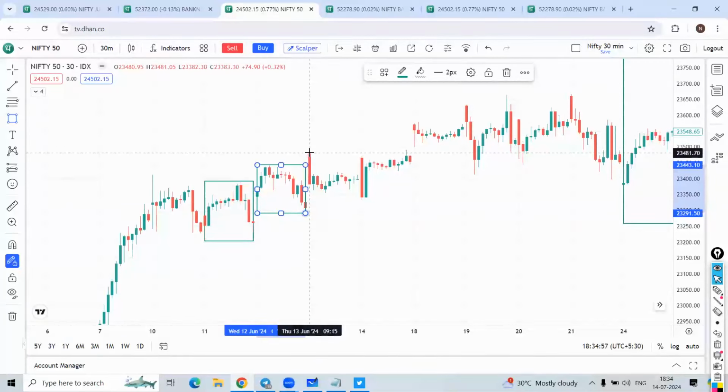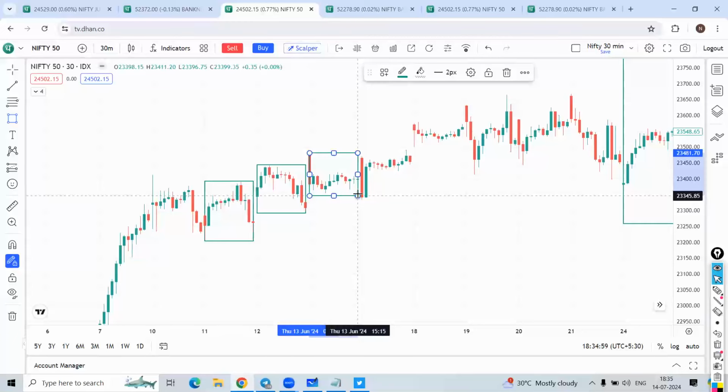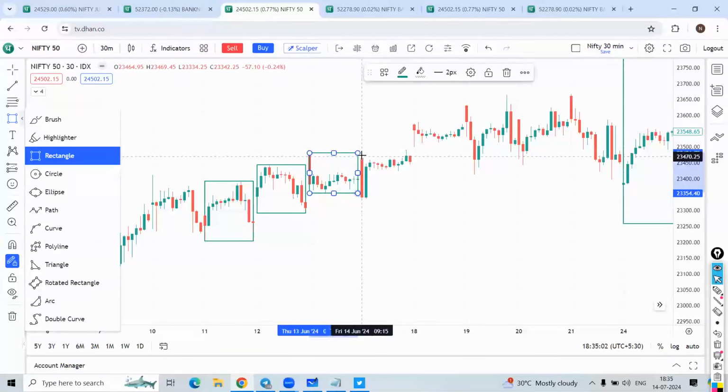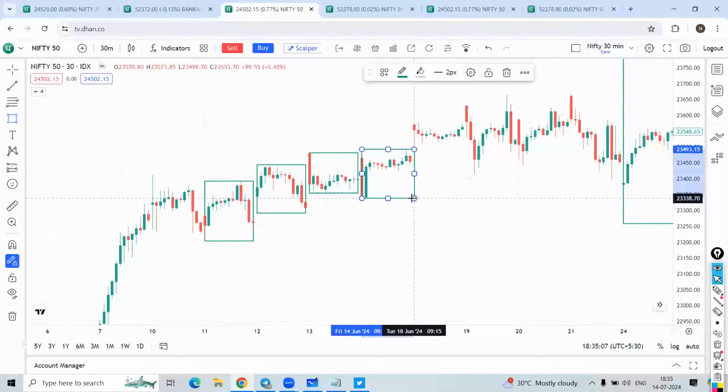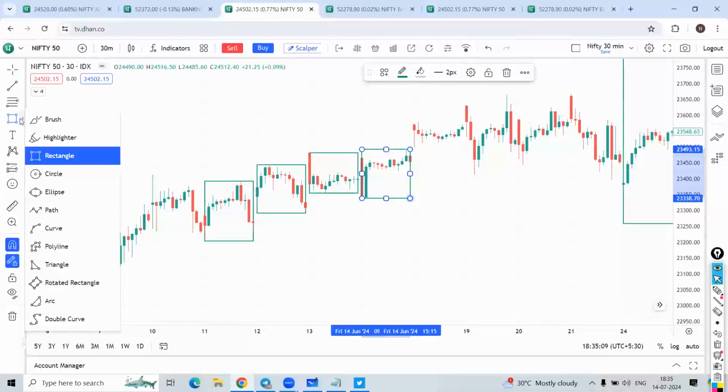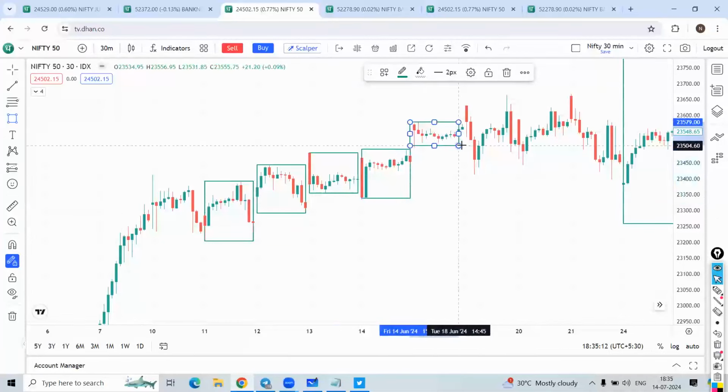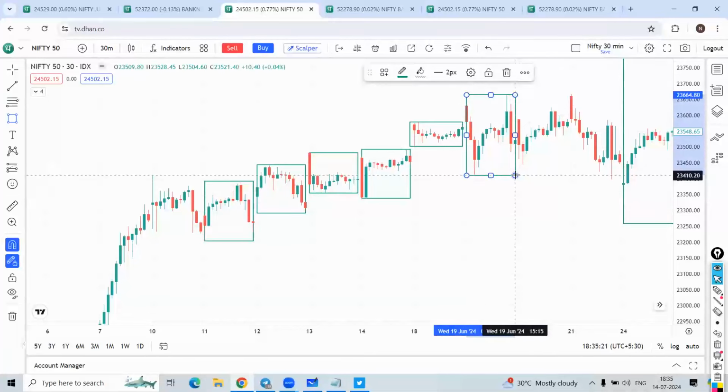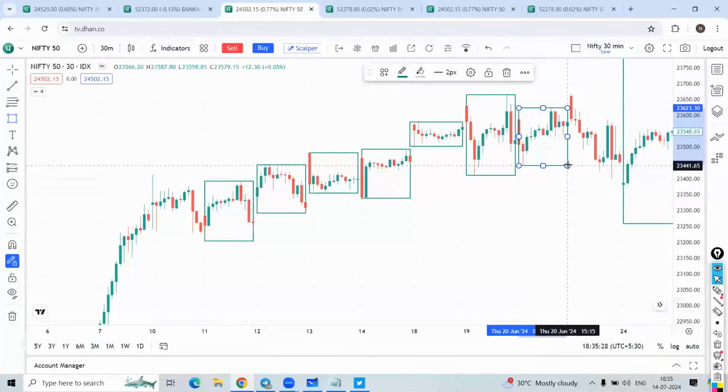Session 2, 3, 4. Now I have marked almost 7 boxes over here. These are 7 trading sessions.